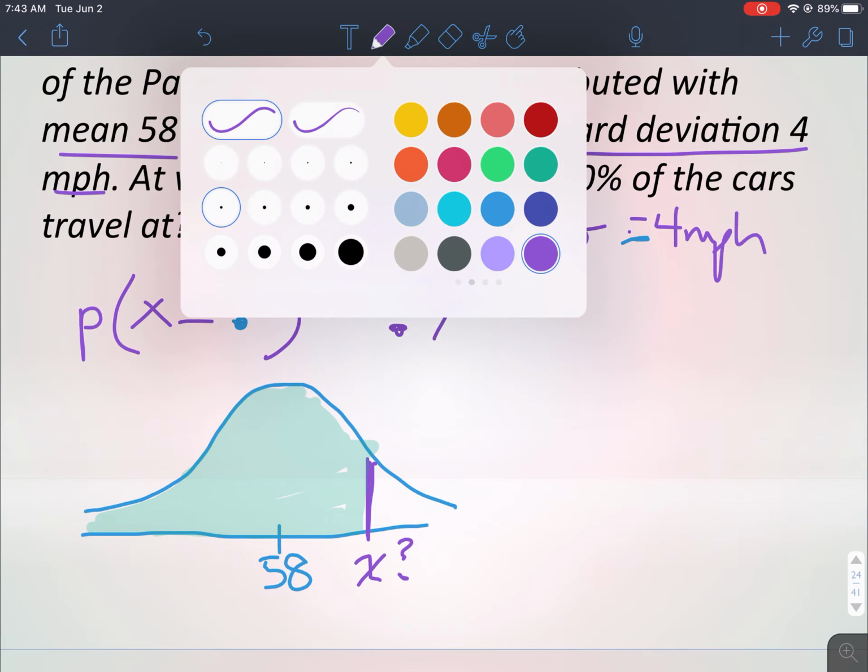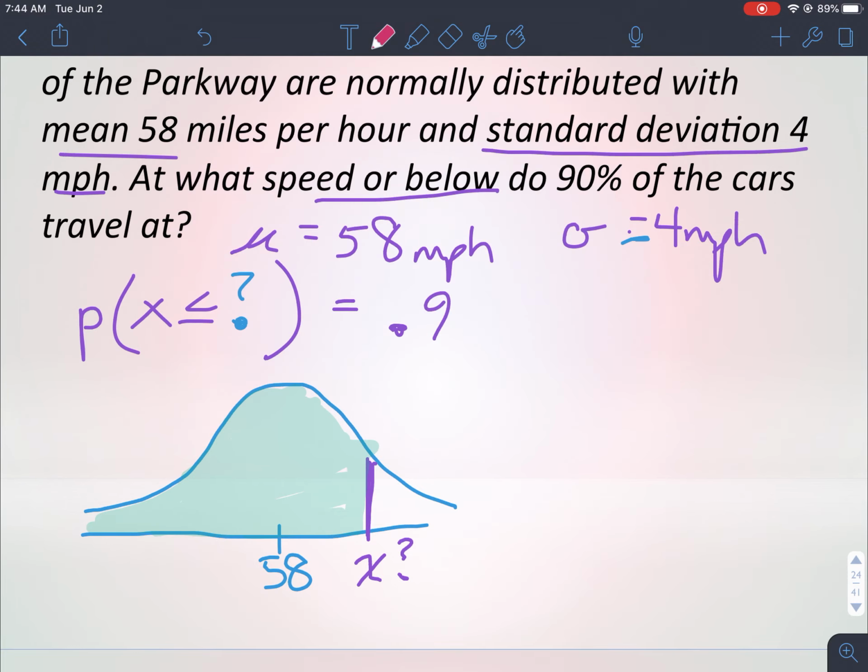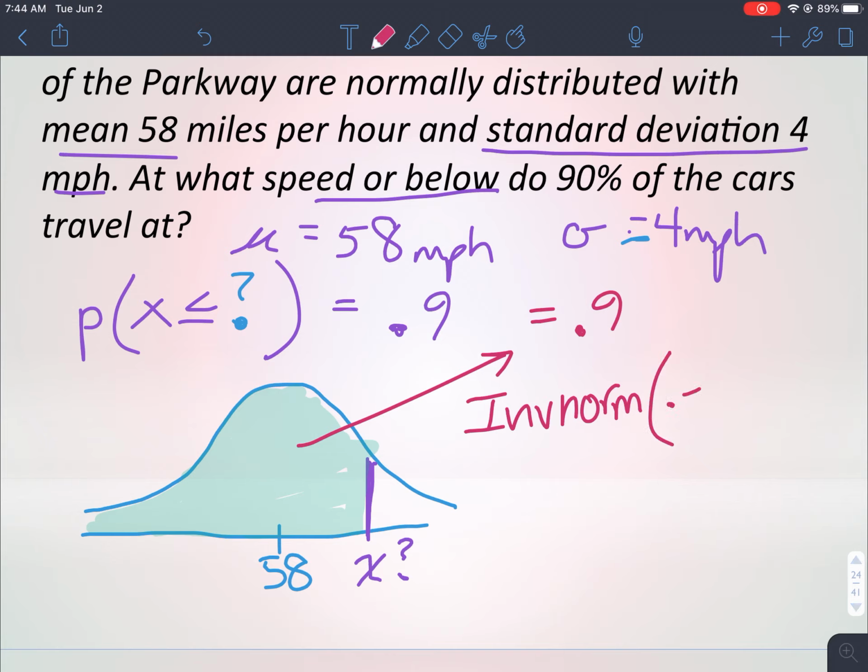But what we do know is that this shaded region should be equal to 90% or 0.9. So I'm going to go to the graphing calculator and put in inverse norm of 0.9 because that's the p-value, and then mean 58, standard deviation 4. So let's keep that in mind.